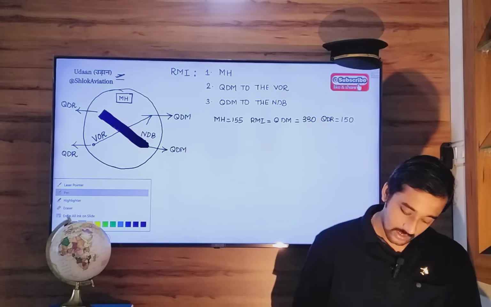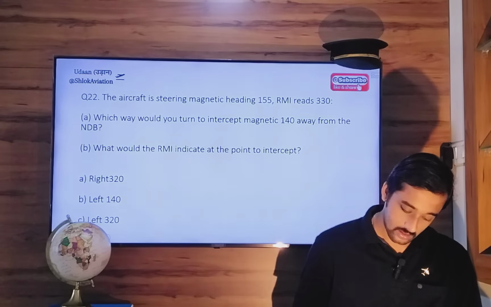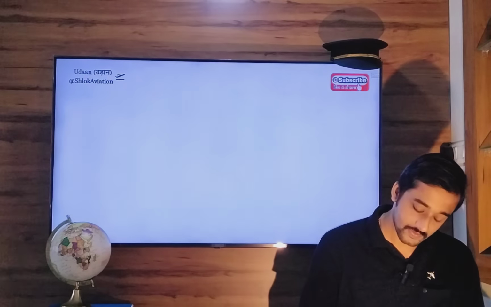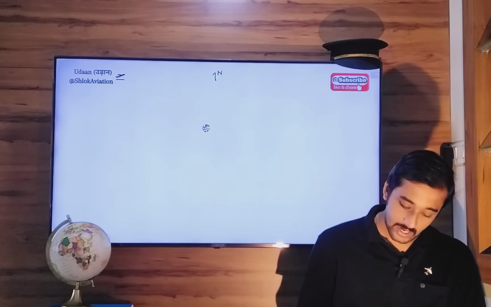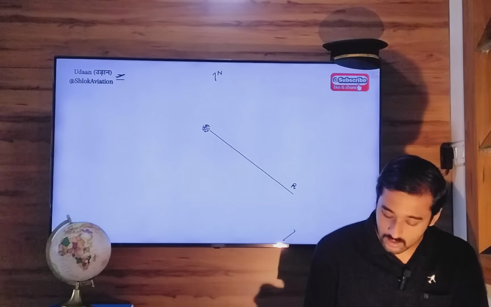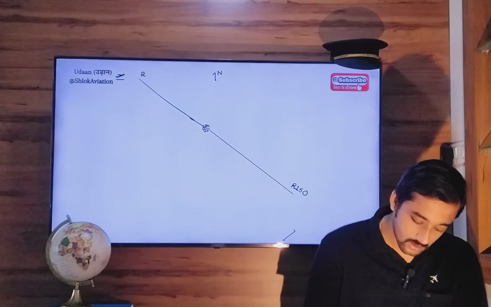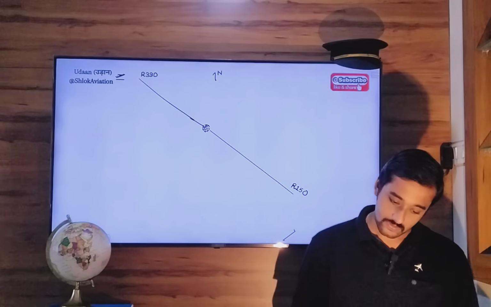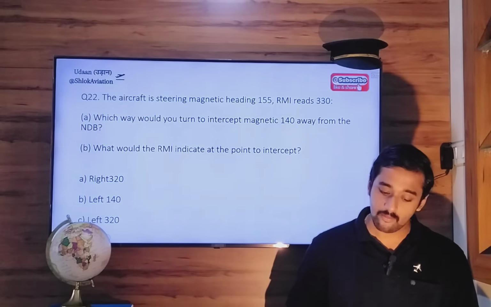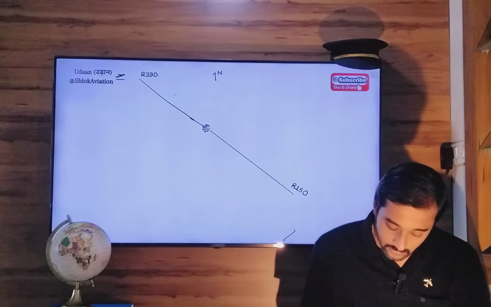So let's say here is your NDB station, this is the north datum, radial 150 is there, radial 330 is there. The aircraft heading is 155 and QDM is 330. That means this is your aircraft.